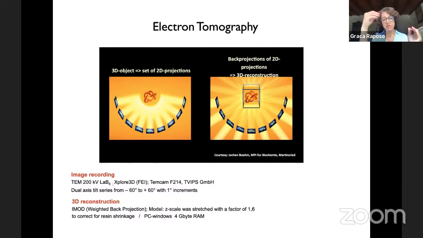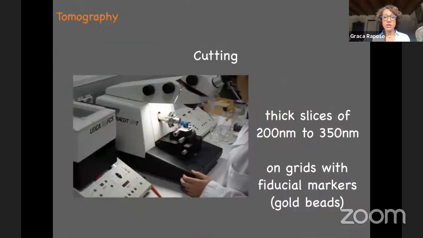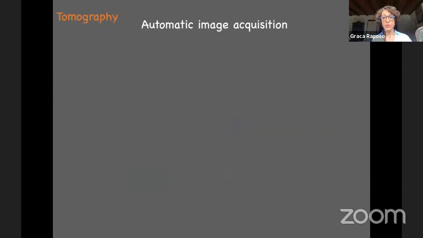You have your specimen holder in the microscope, and then the specimen is going to be tilted, and each time you have these images that are taken. So again, you have to take thicker sections, 200 to 350 nanometers. Then you put them on grids, and then you have to use what we call fiducial markers. Sometimes we put gold, just to be able to align the samples when you go into the microscope.